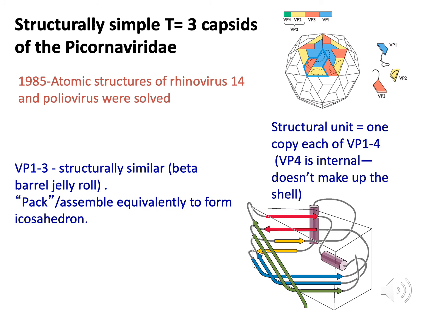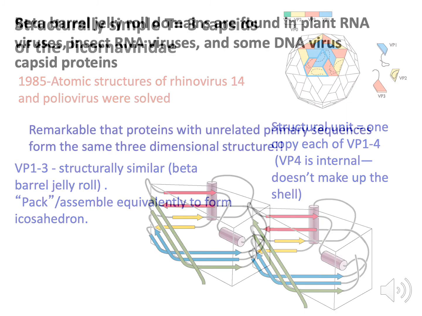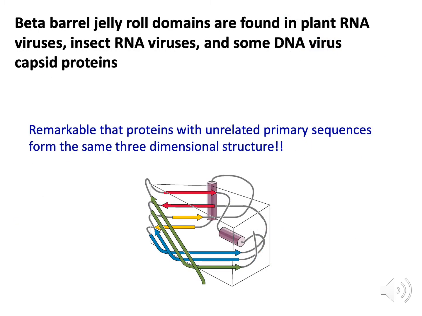And so one copy each of VP1, VP2, and VP3 has the structure called a beta barrel jelly roll. That's just the fold that the protein makes. It turns out to be a useful fold of a protein, evolutionarily, to build an icosahedron.